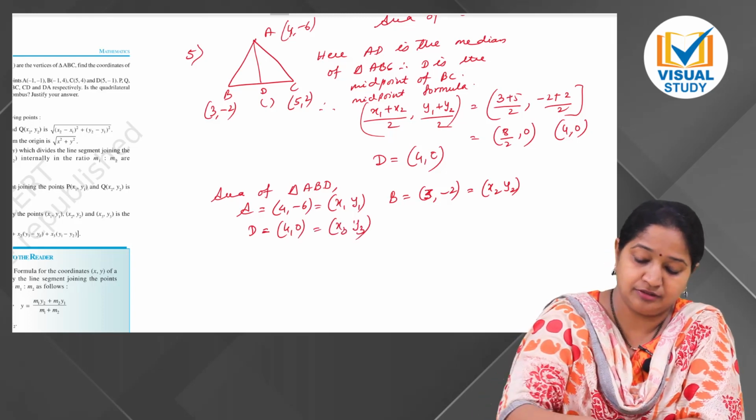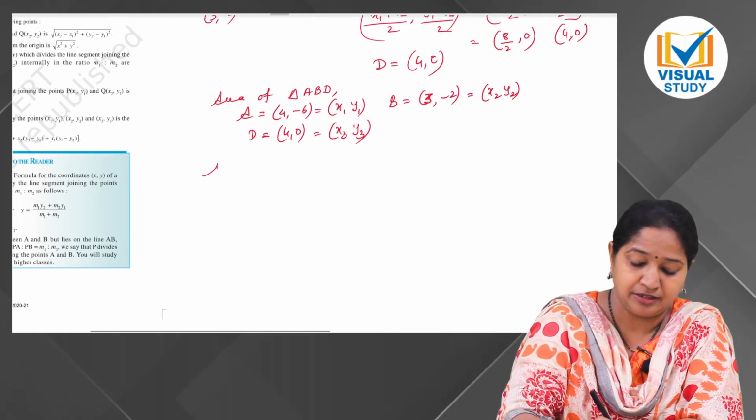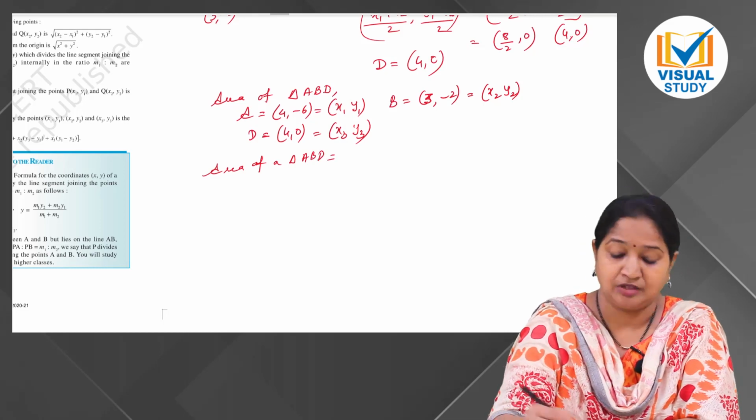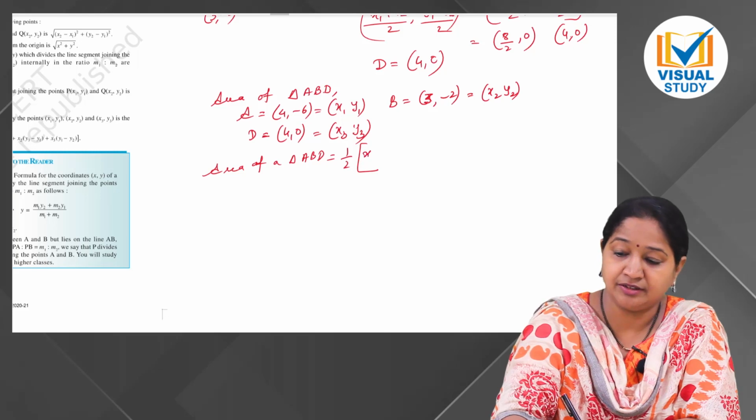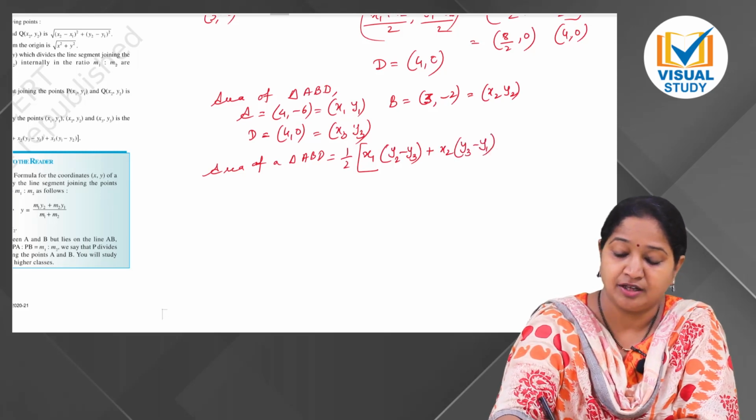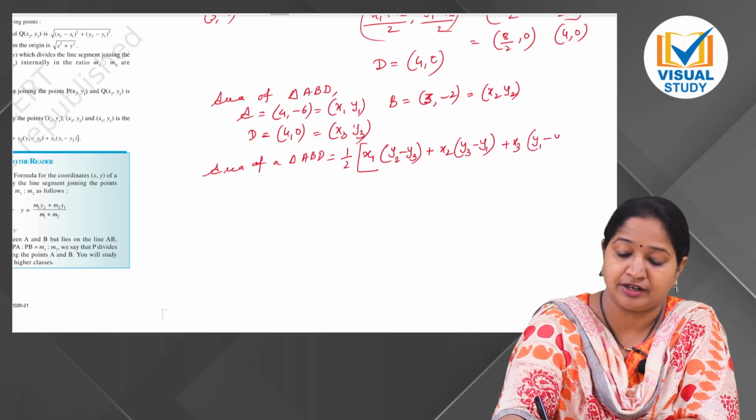Area of triangle ABD is equal to half x1 (y2 minus y3) plus x2 (y3 minus y1) plus x3 (y1 minus y2).